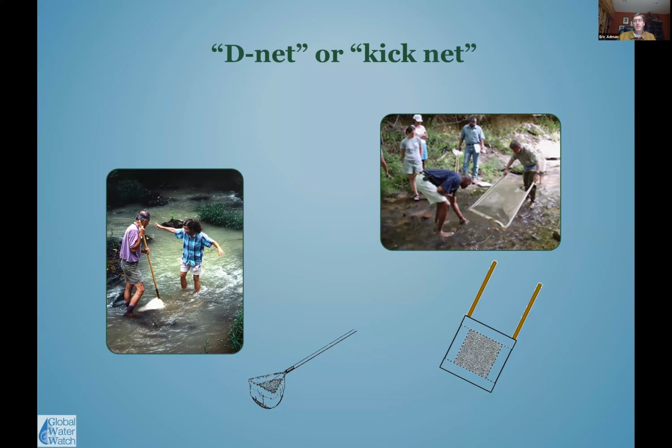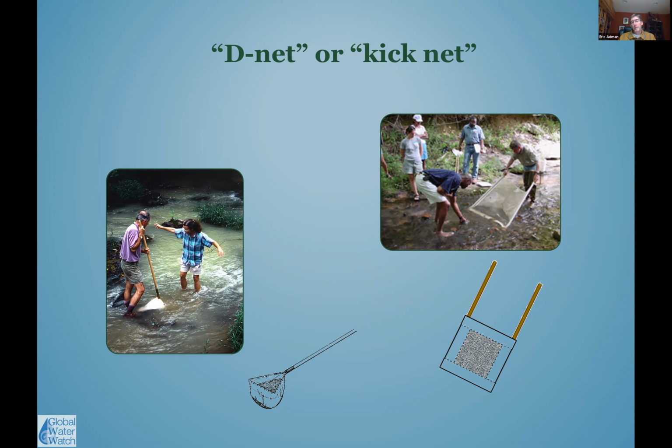So there's different kinds of nets that you can use. Two of the nets that we use commonly for sampling, depending on the size of the stream or the habitat that we're sampling, is either a D net or what they call a kick net or a seine. And so the D net is a smaller net.